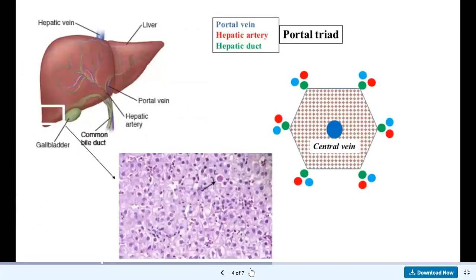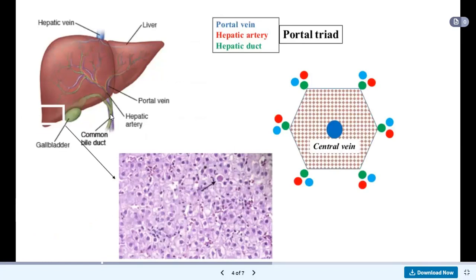Okay. So here you will see the structure. Look at this liver, this beautiful diagram here. You will see the portal triad that we talked about. We had said that the portal triad is made up of the portal vein, the hepatic artery, and the hepatic duct. Here you see the hepatic duct or the common bile duct.